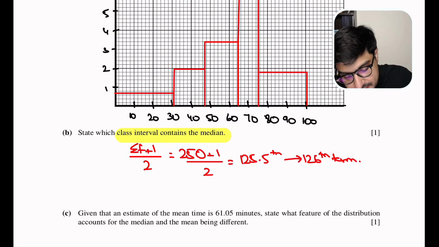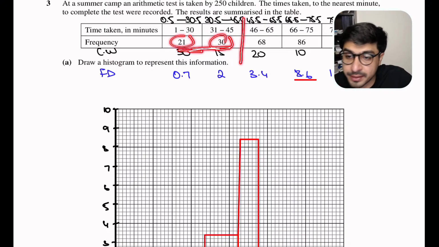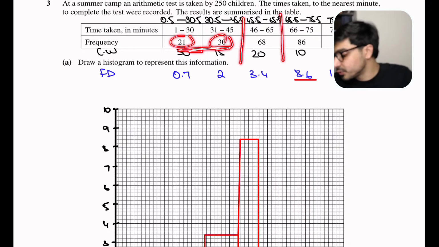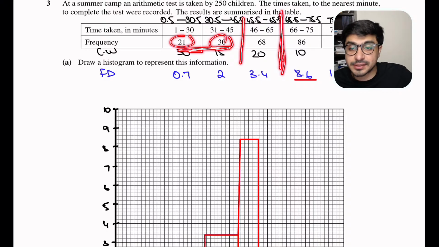If it's the 126th term, that means over here we have till 21. Over here till 50, till this point we're going to have 51 terms behind us. And then 51 plus 68 will be what? It is 119 terms till here. Now what is going to be the 126th term?